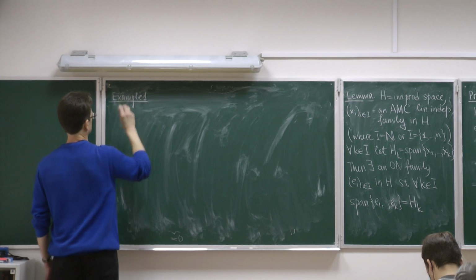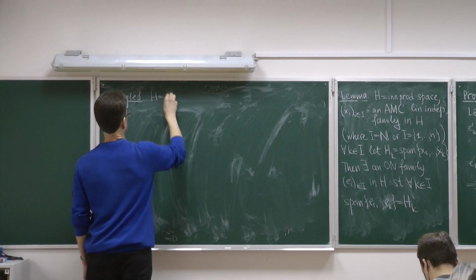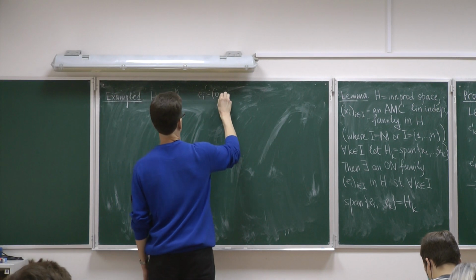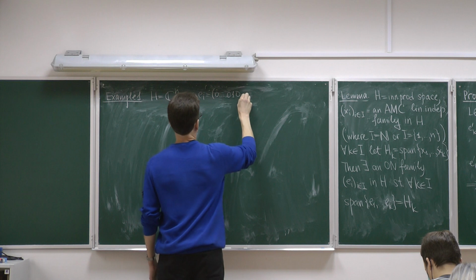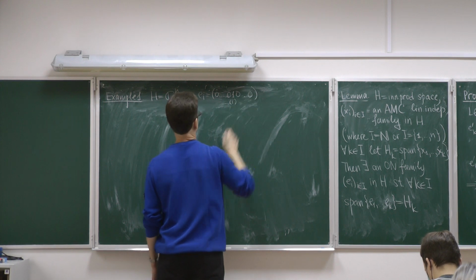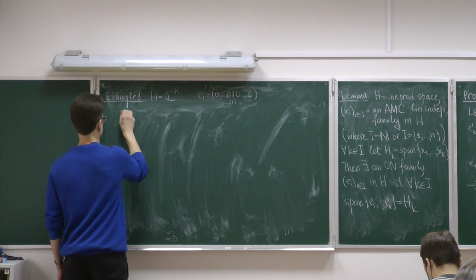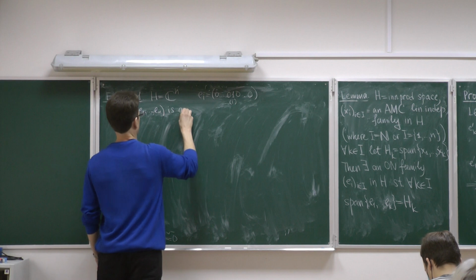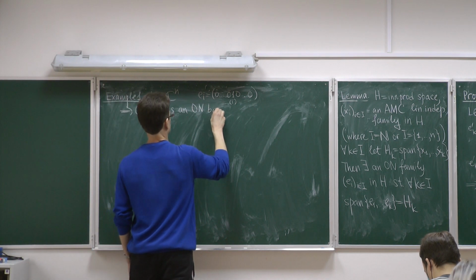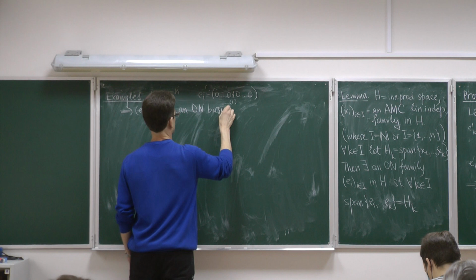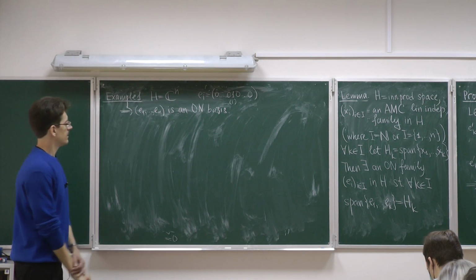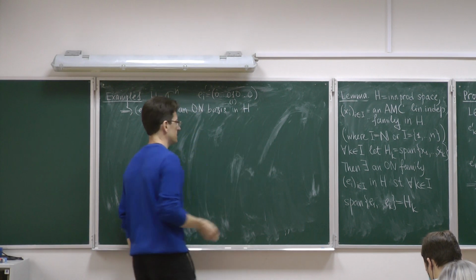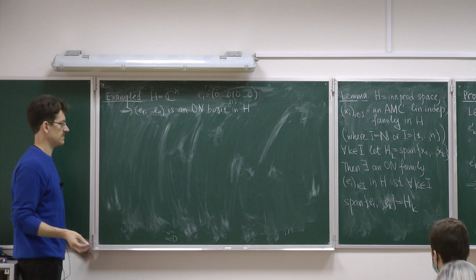Example 1: if H is Cn, and if Ei, as before, is the following vector in H, then it's clear that E1 to En is an orthonormal basis in H. In this case, it is also an algebraic basis. That is clear.